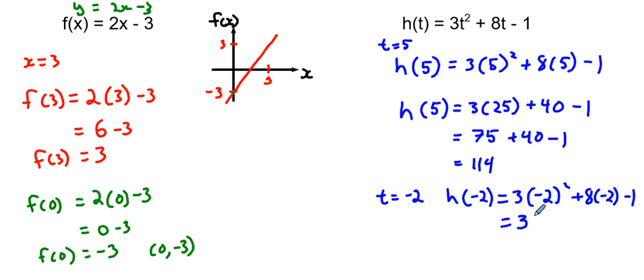And then we'll say 3 times 4, because -2 squared is positive 4, minus 16 minus 1. And this will be 12 minus 16 minus 1. And we'll get an answer. 12 minus 16 is -4, minus another 1 is -5.